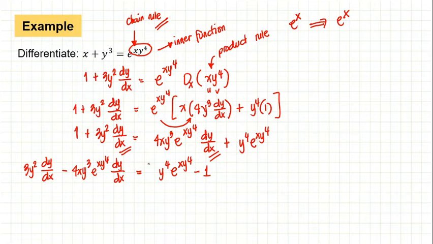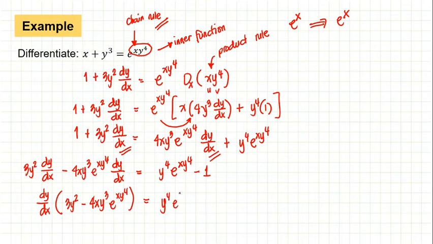Then after that, we will factor out dy over dx. So yung matitira will be 3y squared minus 4xy cubed e raised to xy to the power of 4 equal to y to the power of 4 e raised to xy to the power of 4 minus 1. Then solving for dy over dx, we will just divide both sides by this term.